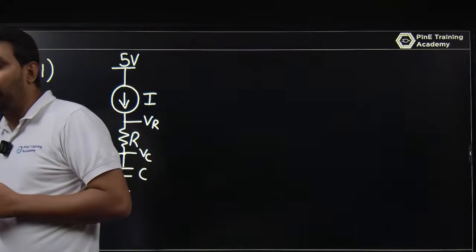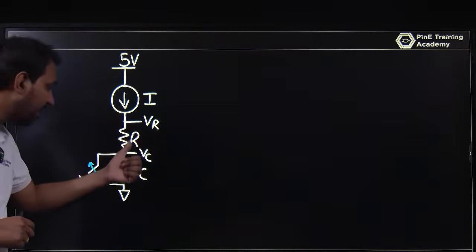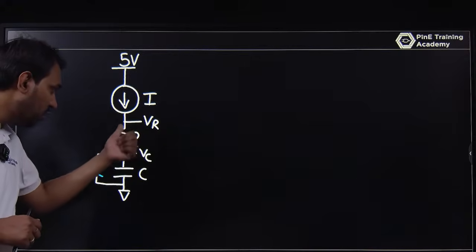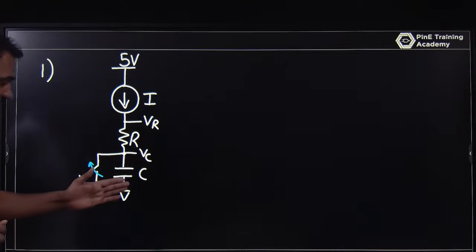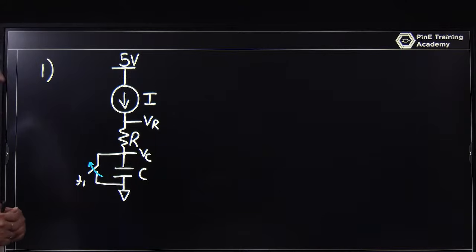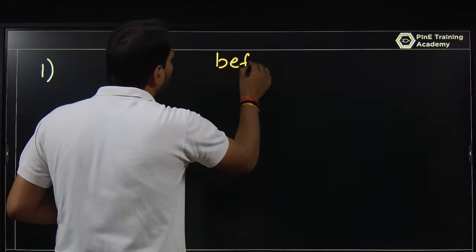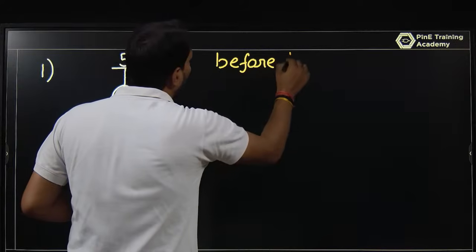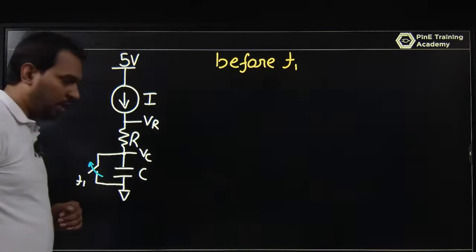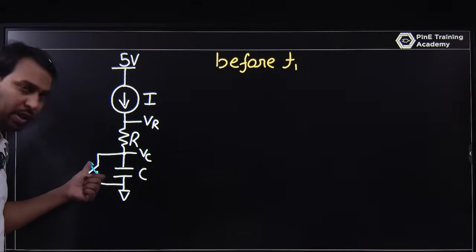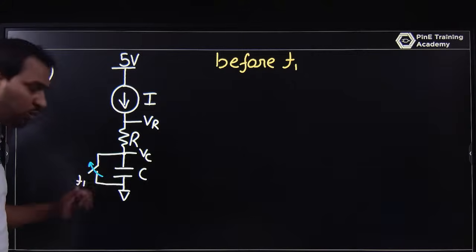In this circuit we are trying to determine VR and VC, the resistor voltage and the capacitor node voltage with respect to the reference node, that is ground. Before T1 the switch is closed, and after T1 the switch is open.